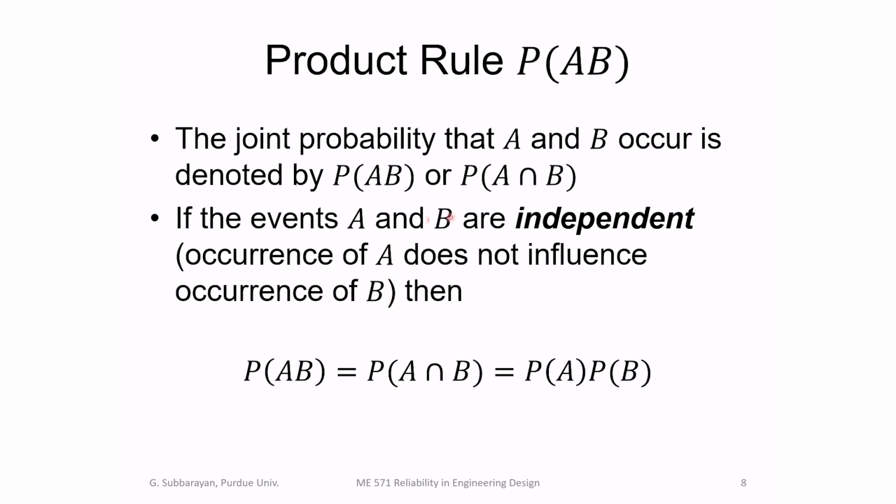Then A and B would be independent, because the probability of obtaining a tail in the first coin toss does not influence the probability of obtaining a tail in the second coin toss. Then we would say those two are independent events. So probability of A and B, which I'll read as A intersection B, is probability of A times probability of B if the two events are independent.